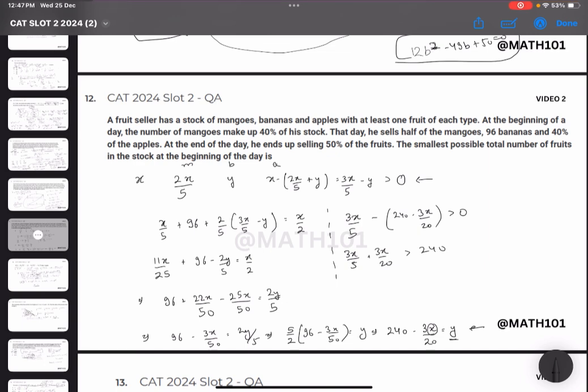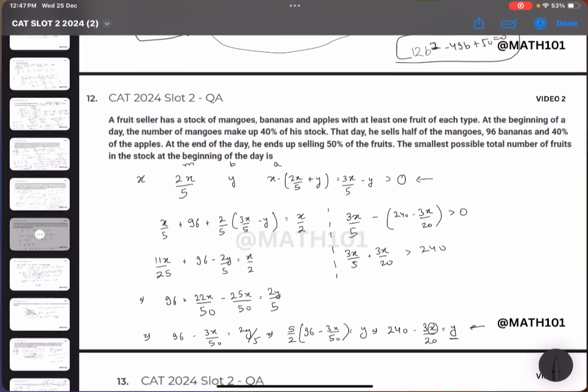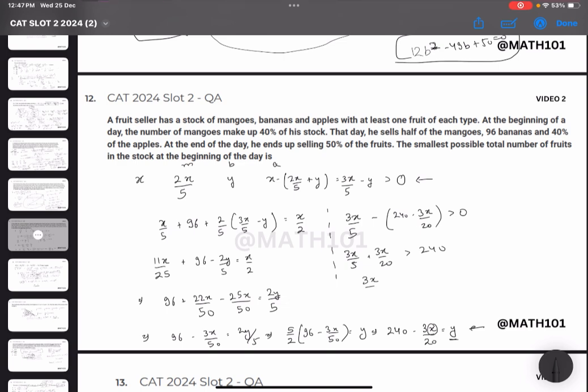We'll get a minus 240 which is sent to the right side. So this equals 3x by 4 greater than 240, which implies x greater than 320. And remember that x is a multiple of 20. So the minimum value of x possible is 340. So our answer is 340.